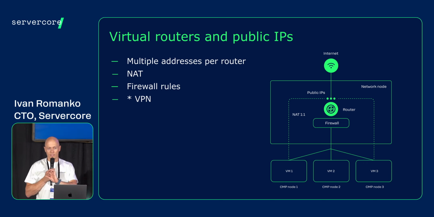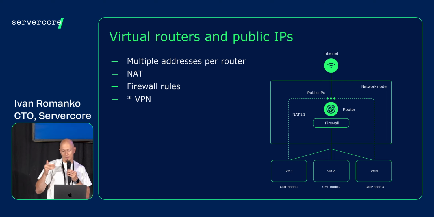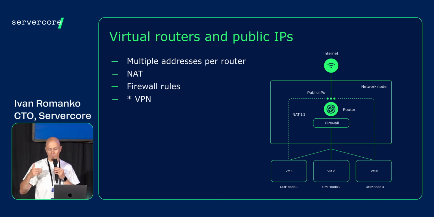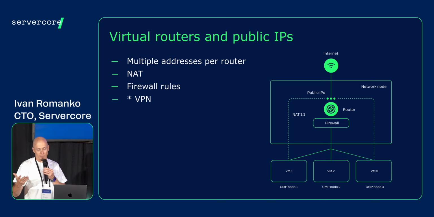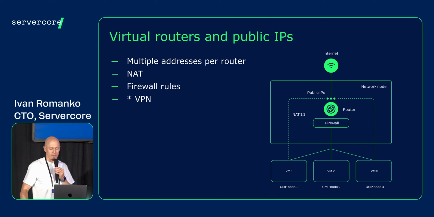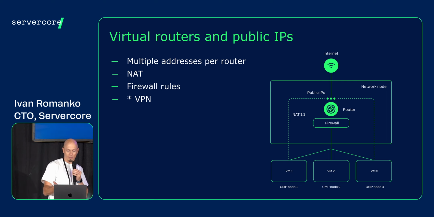You can set firewall rules at the same router, and also you can connect your servers to the internet without assigning a public IP address to them using NAT technology. In the future, when we finish working on this feature, VPN will also be available here to privately connect to a cloud project from the outside.